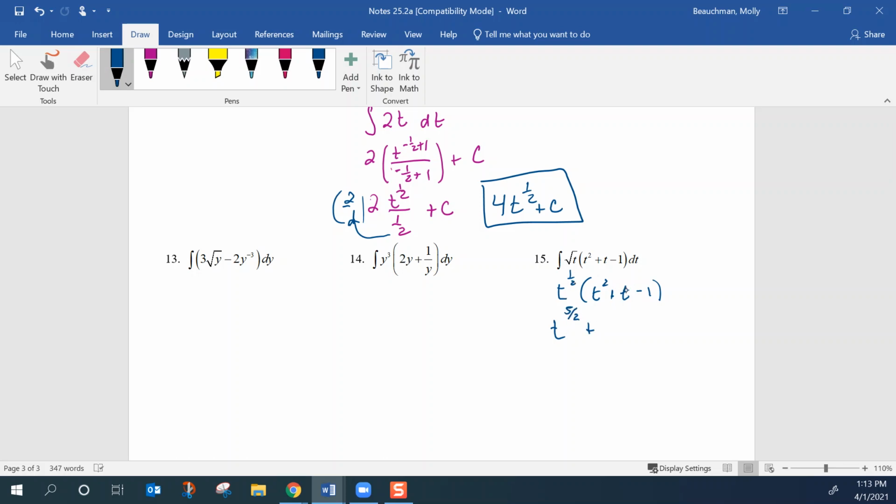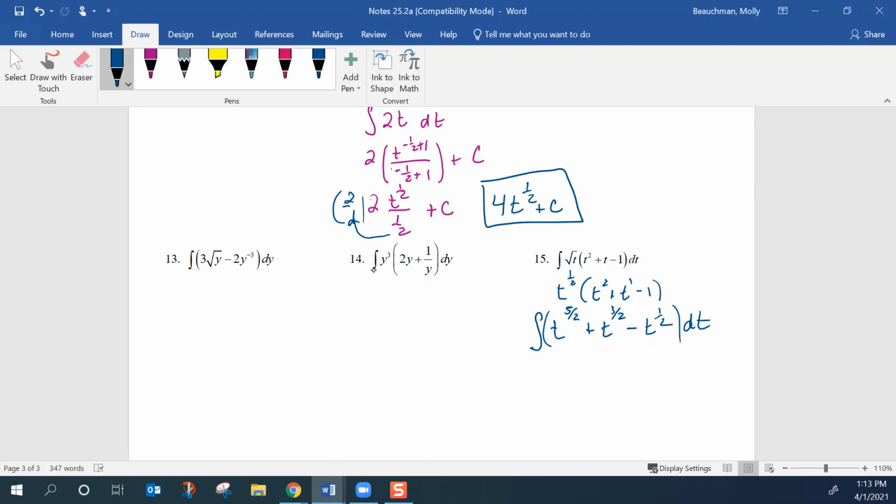T to the 1 half times t to the power of 1, add the powers. You get t to the 3 halves. T to the 1 half times negative 1 is minus t to the 1 half. So that's the expression you're taking the integral of dt. Then you would follow the power rule by adding 1 and then divide by the appropriate fraction.